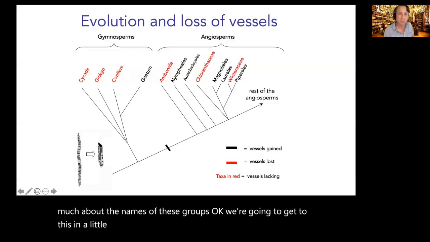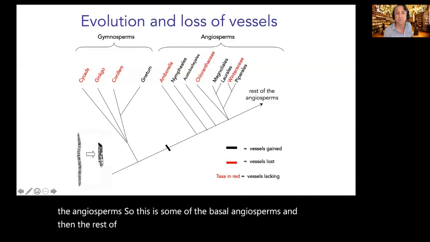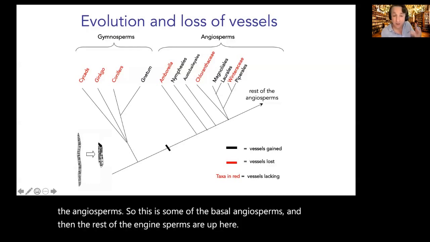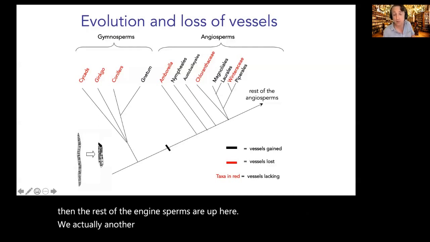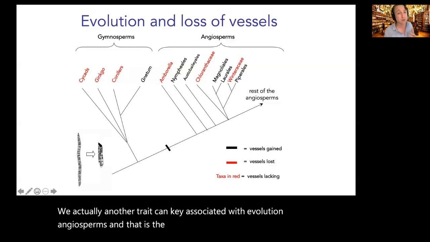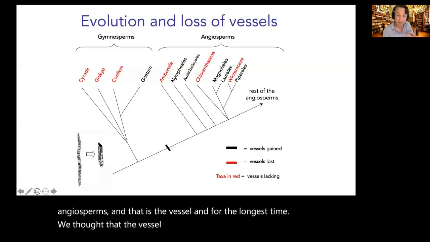But in general, what we see with the evolution of the angiosperms, so this is some of the basal angiosperms, and then the rest of the angiosperms are up here, we actually see another key trait associated with the evolution of the angiosperms, and that is the vessel. Okay, and for the longest time, we thought that the vessel was another key synapomorphy of the angiosperms.